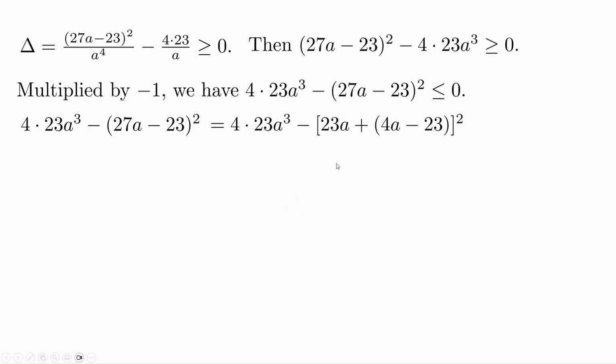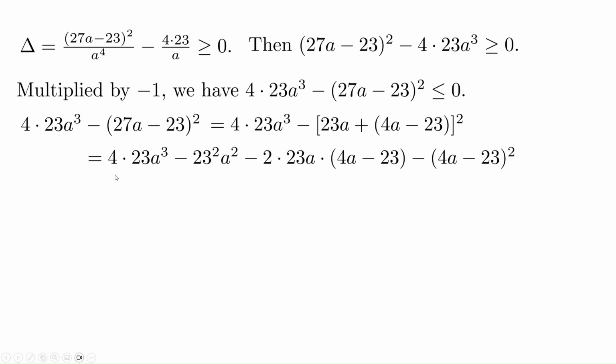Then we expand the square. The leading term, 4 times 23a cubed, and then negative 23a squared, negative 2 times 23a times (4a minus 23), and then negative (4a minus 23) squared.